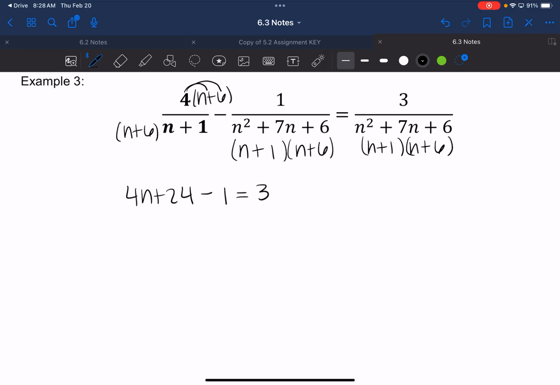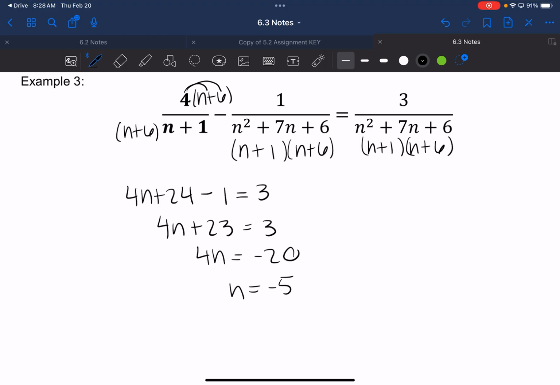All right, so combine those like terms. We're going to subtract and divide, and we get that n equals what? Right. All right, and then again, the only thing we have to check for is any extraneous solutions.